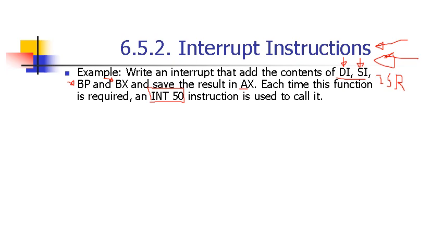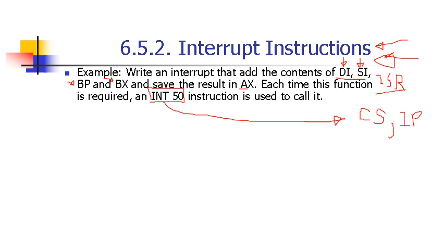Number 50 multiplied by 4, because each interrupt vector requires 4 bytes. 50 times 4 gives you 200. So you write your code, and when you write your code, you know where you wrote it, which means you know your CS and IP, and you need to call this code by this instruction int50.